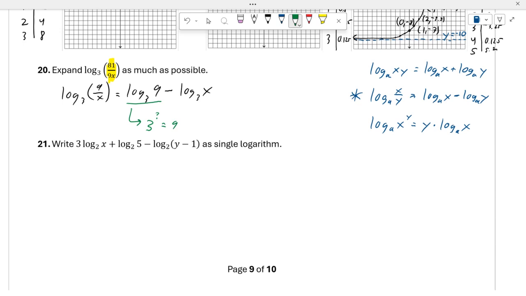So what is the exponent on 3 that when you evaluate that, you get a 9? Well, this works out very nicely to just 2. So the log of 9 base 3 equals 2, minus the log of x base 3. And that's actually how I would express my answer here.